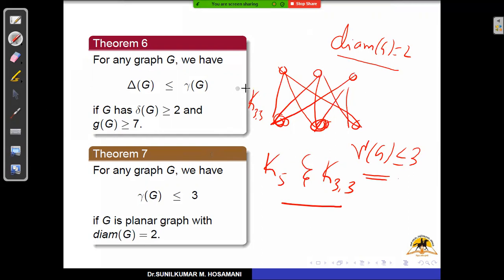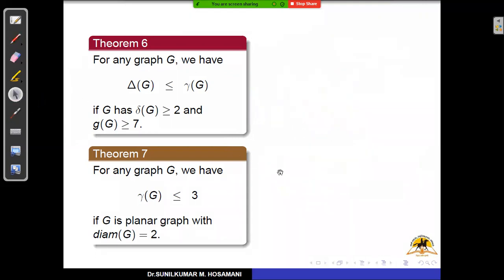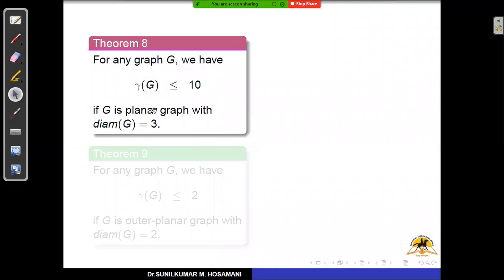So in my previous examples, or all the planar graphs I have considered, you can see that the domination number of those graphs is less than or equal to 3. So next one. So again here, suppose G is a planar graph with diameter 3, then in that case the domination number is less than or equal to 10. Okay.